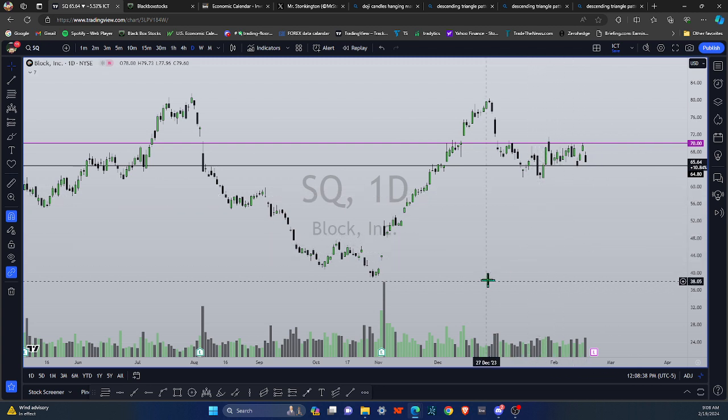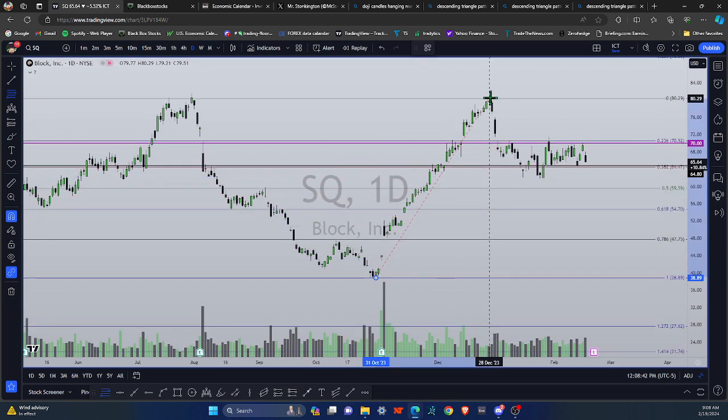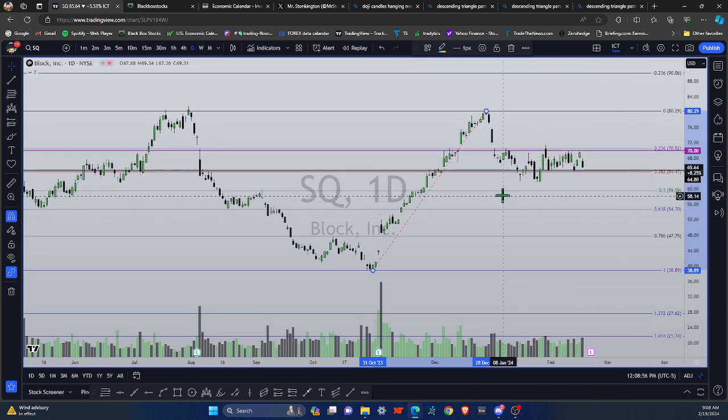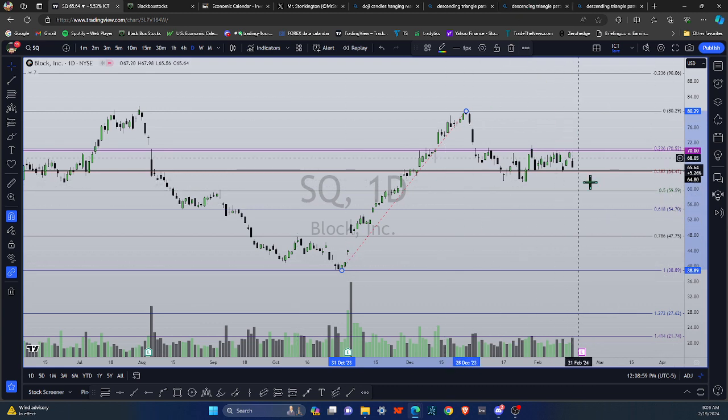Let's see if we get the fibs going here. Go low to high based on the move. That's interesting too, that without even trying, we were just eyeing out these levels, and we're pretty close to some key fibs, just taking that range.